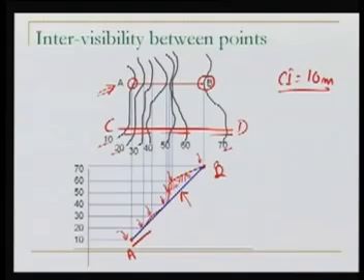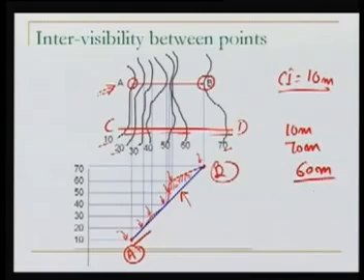You want to compute. In order to compute, the moment you know for point A and point B their RLs, their RLs are 10 meter and 70 meter. So, the difference between these two is 60 meter. And the horizontal distance between these two, using this map and this scale 1:n, we can measure the distance AB.